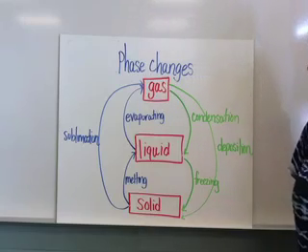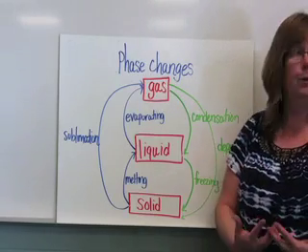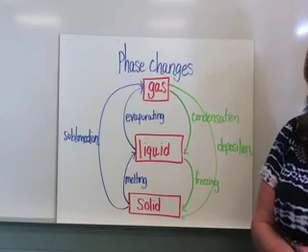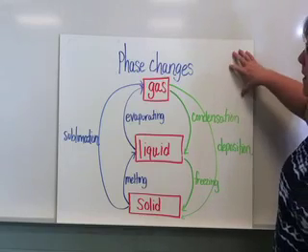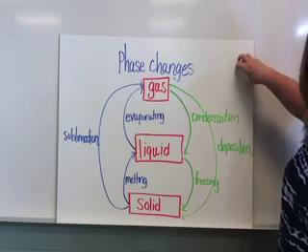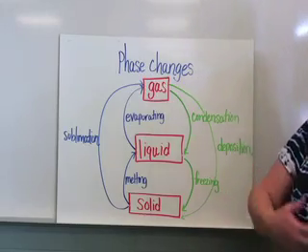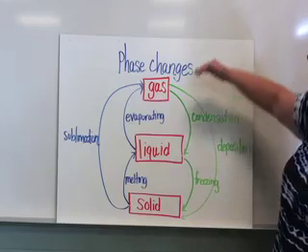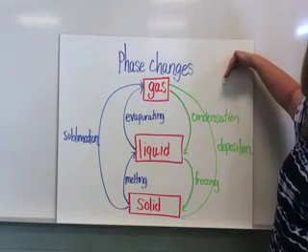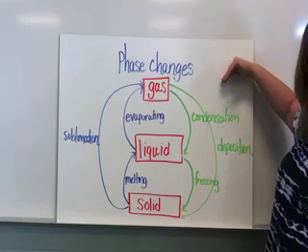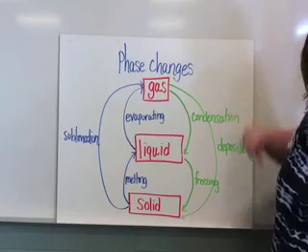For this video, I want you to know for sure that all phase changes in matter are physical changes. The identity, the chemical formula, for instance, water, it's H2O. That does not change in a phase change. That is a physical change.